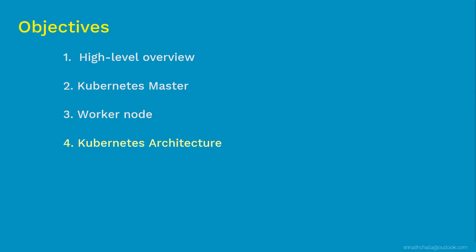Then you will get a clear picture of Kubernetes architecture. Finally, we will review the terminology we used as part of this discussion. So, these are the primary objectives of this video. And now, let's get started with the first thing in this video, and that is Kubernetes at a very high level.